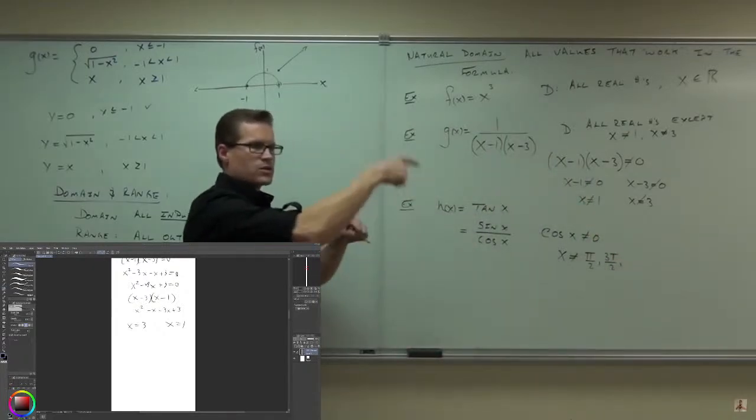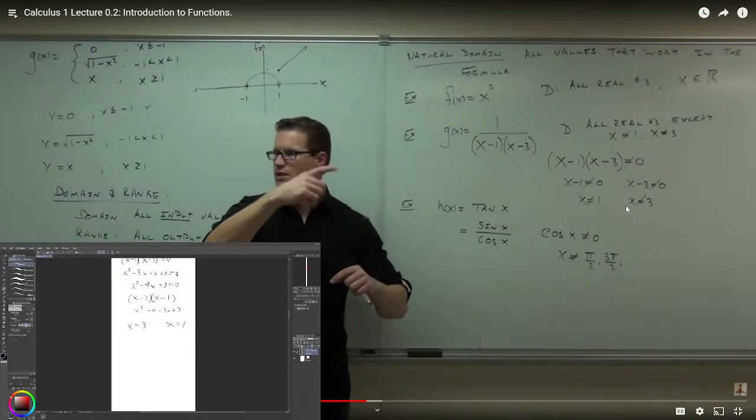If you keep going around the unit circle, you're going to get a lot of different values.